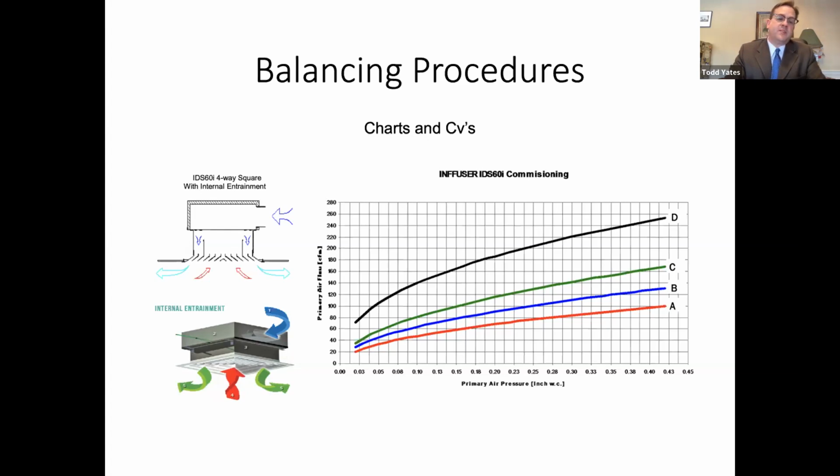Notice with this type that you're always going to have to be above the ceiling to get to this. I know some chilled beams have ports that are accessible through the face. You don't have to remove a ceiling panel with those, but with these induction diffusers you do have to be above the ceiling to connect to port number 2, and then your other port is open to the space in the room.